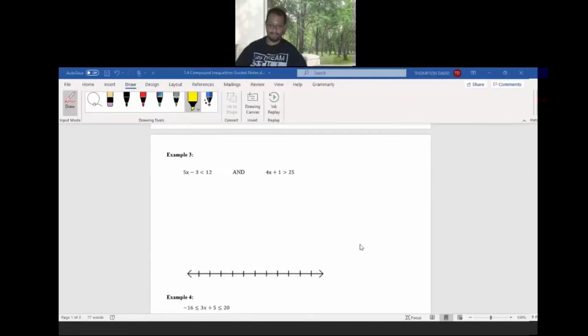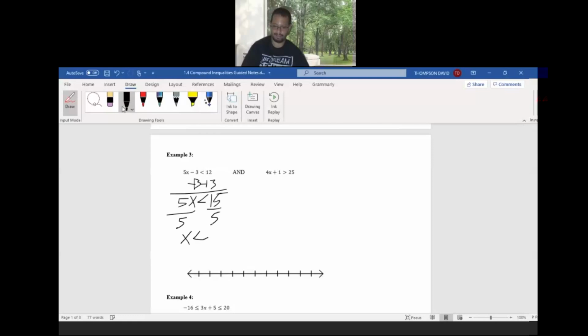Example 3, another AND situation. We have 5x minus 3 is less than 12, and 4x plus 1 is greater than 25. Let's deal with the left inequality first. We're going to add 3. So we have 5x is less than 15. And divide both sides by 5. We get x is less than 3.